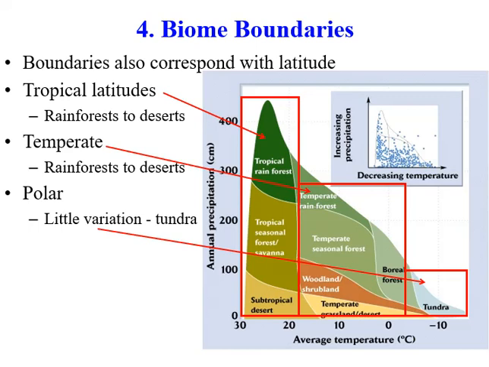So first of all, if you look at this in terms of latitude, in the tropics, you find places where it rains a lot. You find places where there's an intermediate level of rainfall, and you find places in the tropics where it doesn't rain much at all. It's very dry.